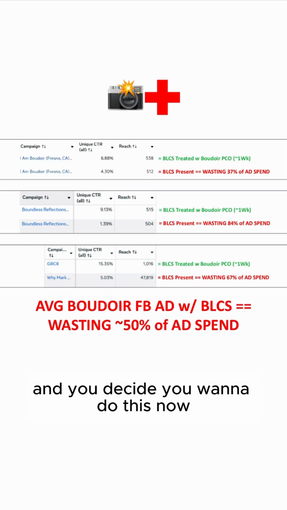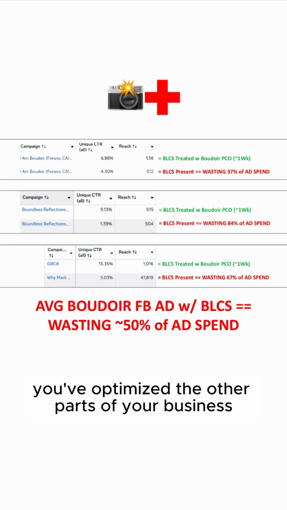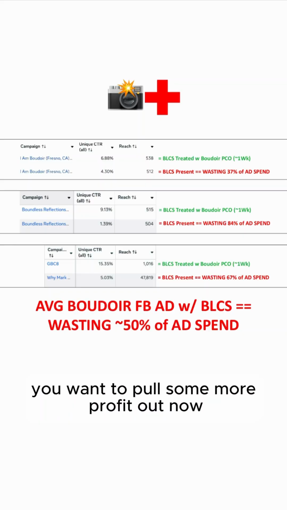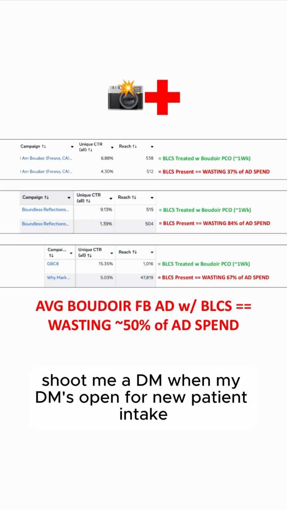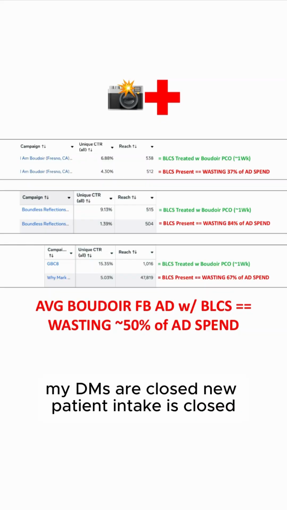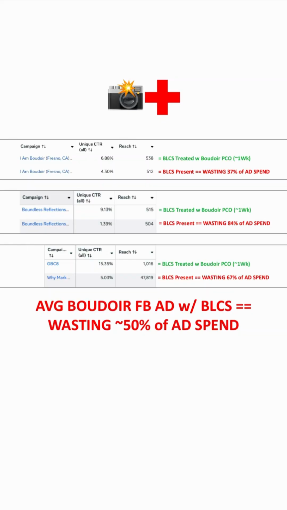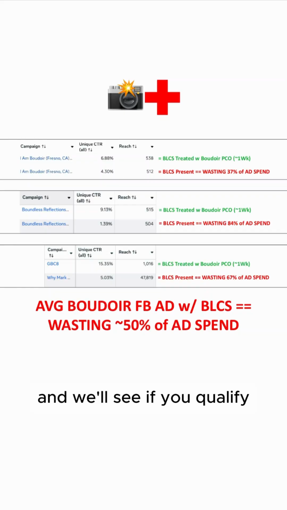And you decide you want to do this now because you finally actually need to. You've optimized the other parts of your business and want to pull some more profit out now. Then shoot me a DM when my DMs are open for new patient intake. Right now, my DMs are closed. New patient intake is closed. But shoot me a DM when they open, and we will see if you qualify.